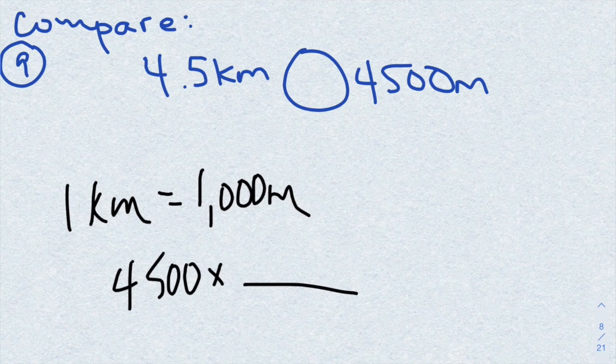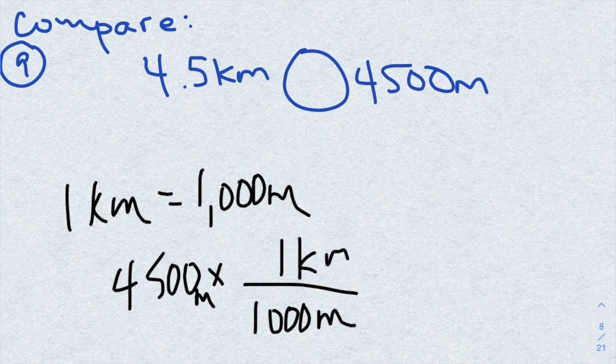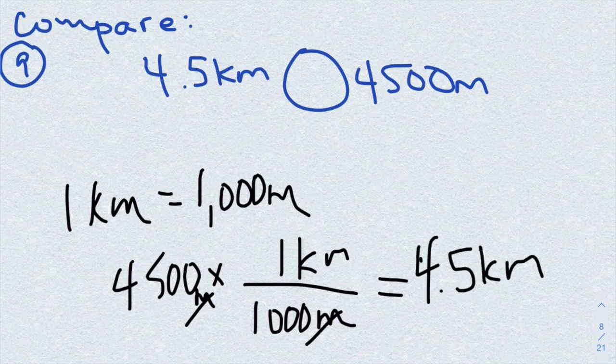It doesn't say I have to do this, but that is one way I could do it. So I have 1,000 meters to 1 kilometer, cancels my meters out, and I have to divide then by 1,000. So dividing by 1,000 is the same as moving my decimal point 3 places, which gives me 4.5 kilometers. Oh, they're the same, equals.